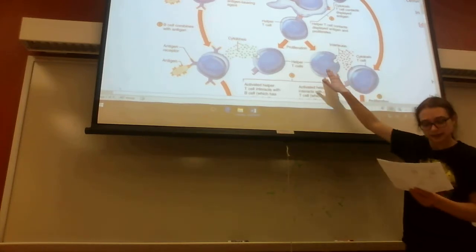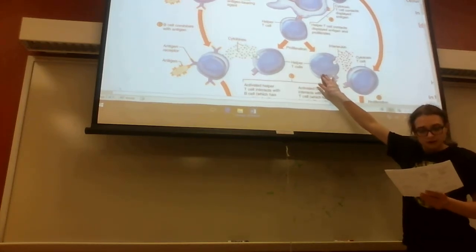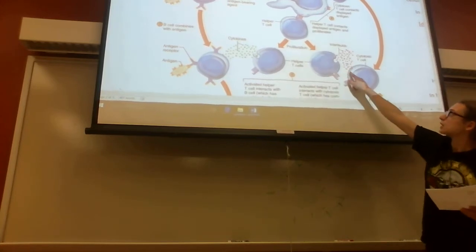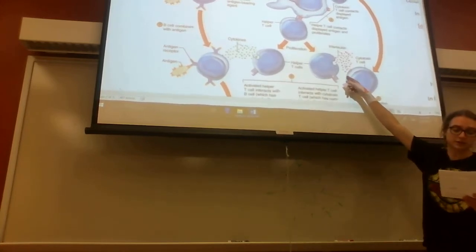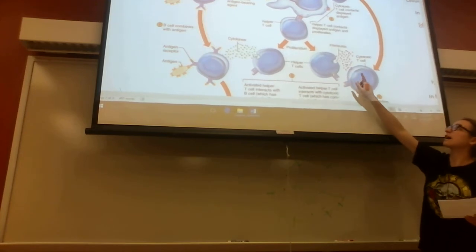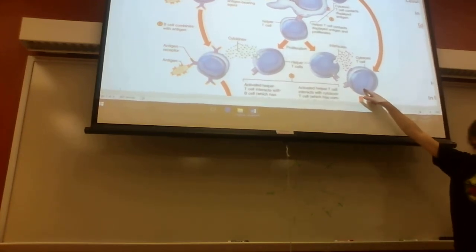Okay? Step 4. So we're here with our helper T cell and our cytotoxic T cell. These helper T cells, so the ones that were proliferated, will then release interleukin. Interleukin will then come in contact with the cytotoxic T cell.